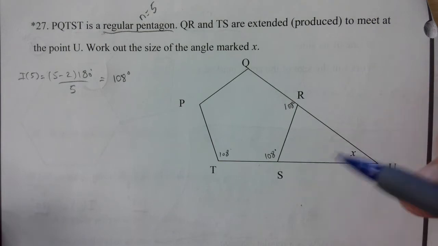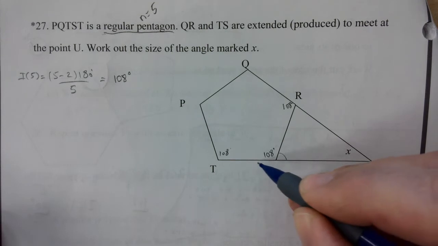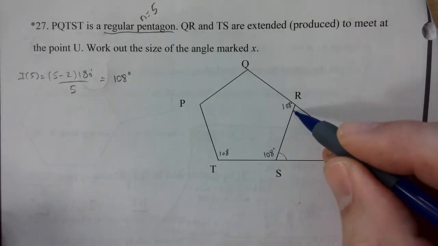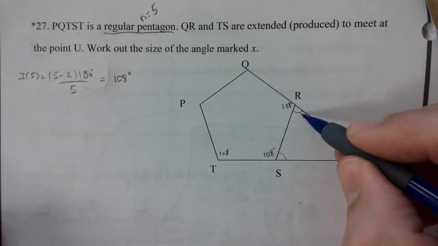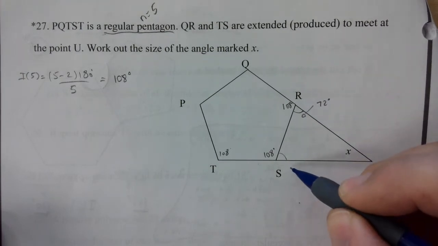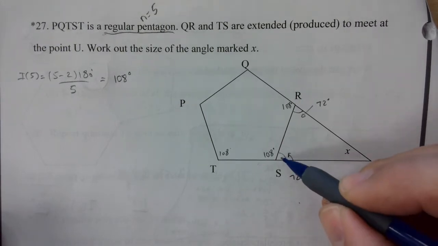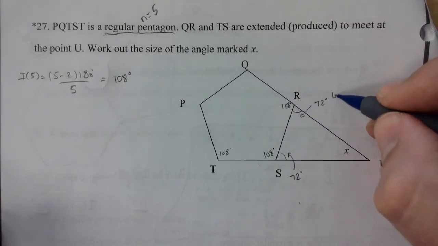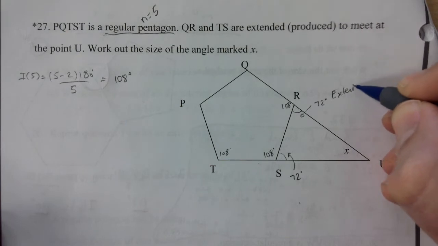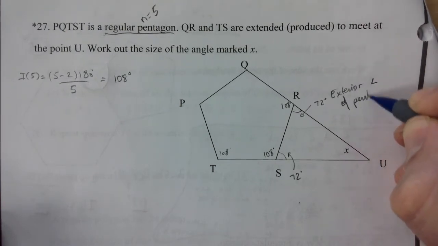And so that means, if you think about it, these are straight lines here, so they're supplementary. So we know that this will be 72 and this will also be 72 here. These are essentially the exterior angle of a pentagon.